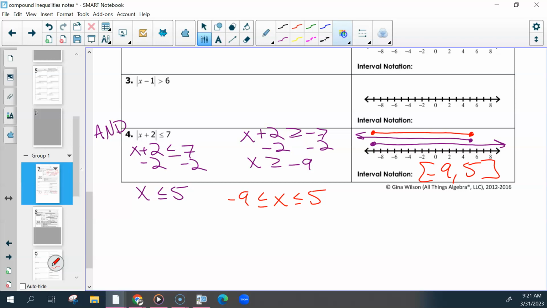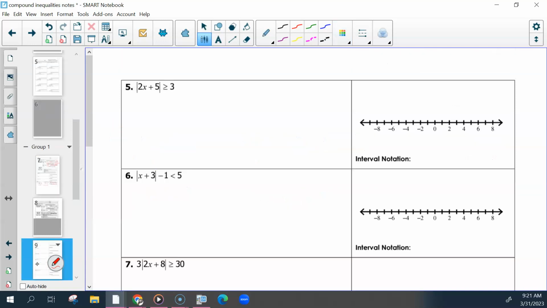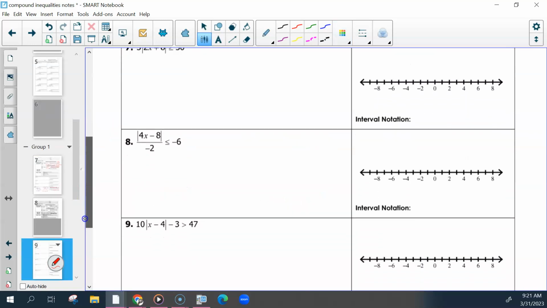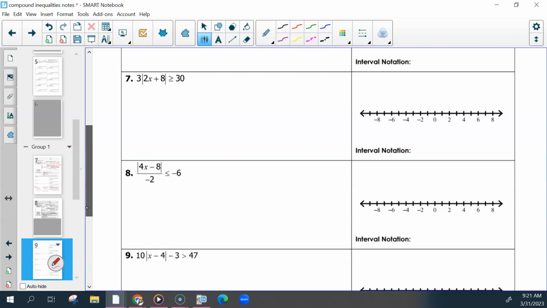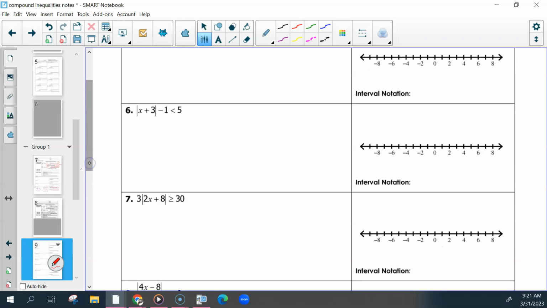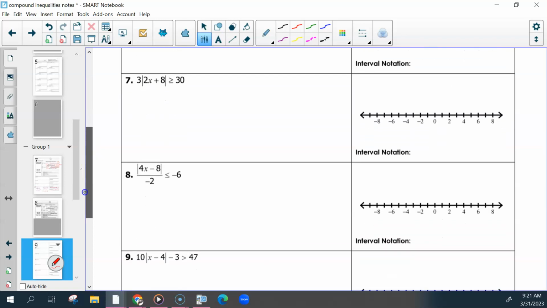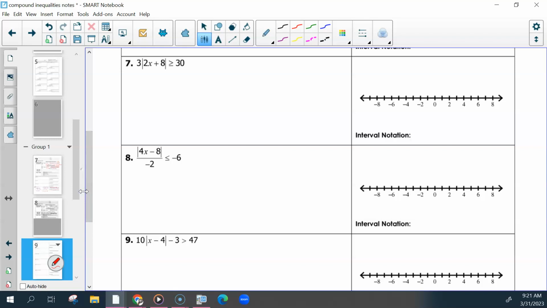And then between 7 and 8, which of those would you rather see? Okay. So right now, this is a less than, so it should be an and, but it may change because it's negative.